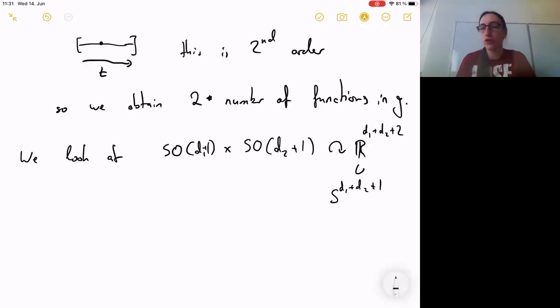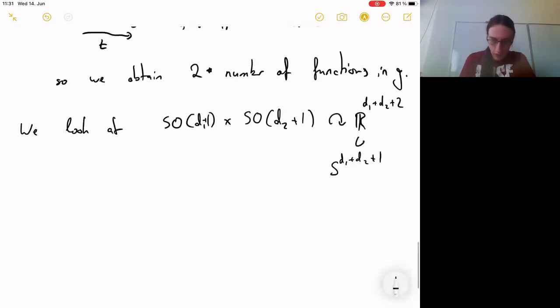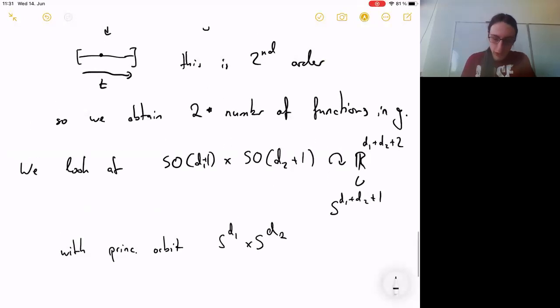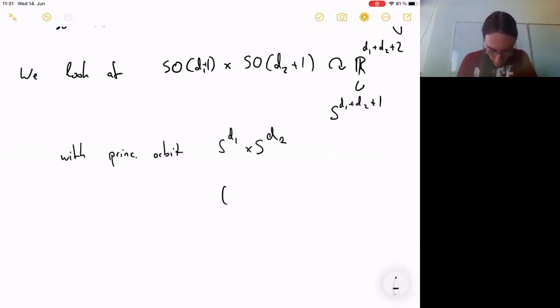This is going to be our homogeneity 1 action. So this will have principal orbit S^D1 times S^D2 in the middle, and the singular orbits.